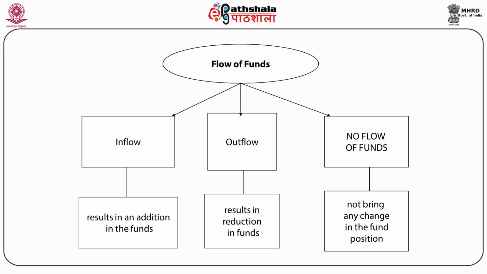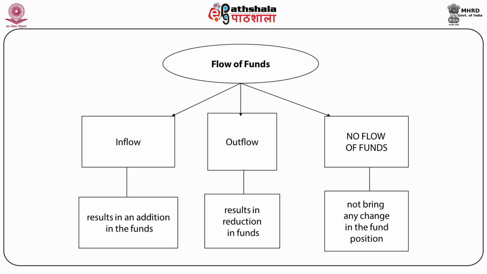So the examples of inflow of funds are issue of share capital, issue of debentures, sale of fixed assets, and fund from operations, whereas examples of outflow of funds are redemption of debentures, purchase of fixed assets, and fund lost in operation.